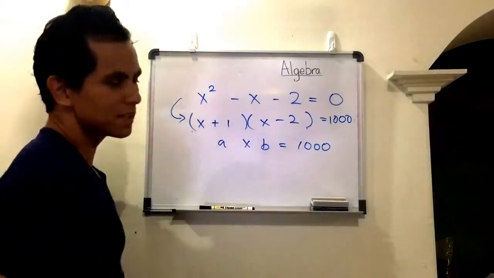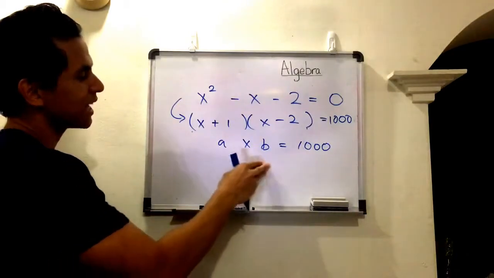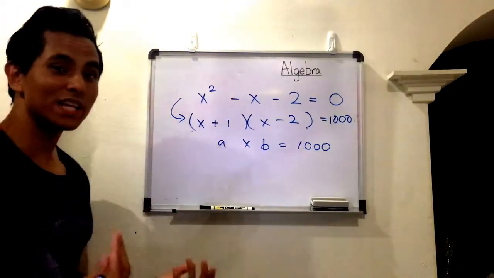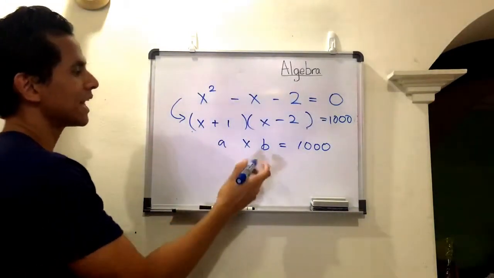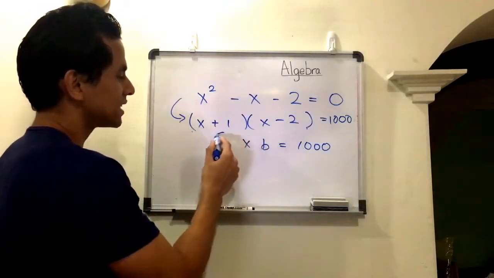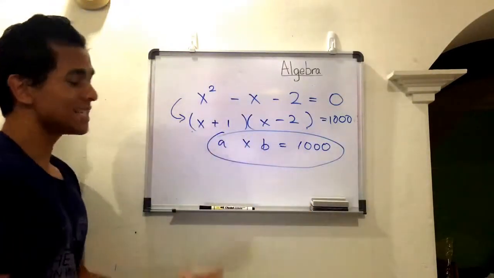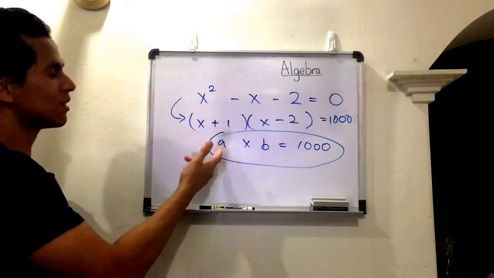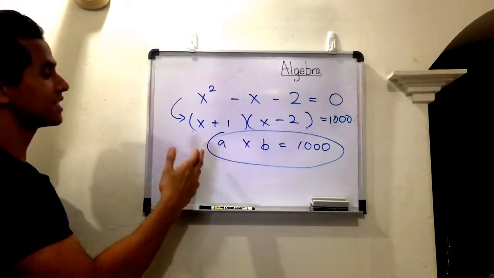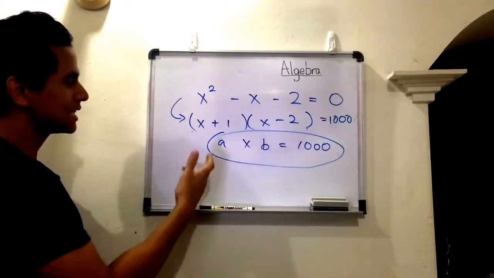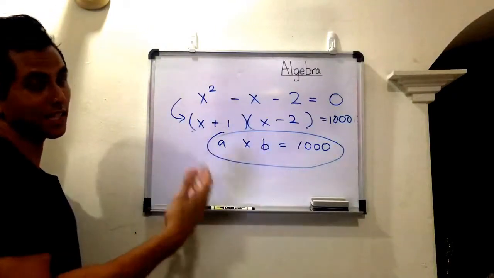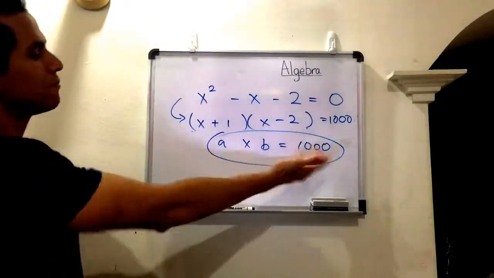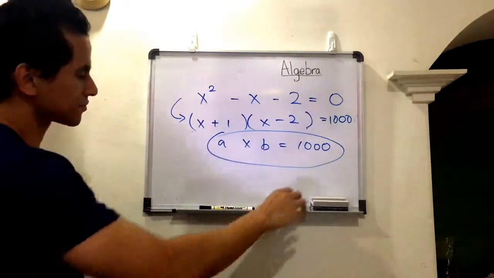Now, in this example, A can be anything and B can be anything. There are infinite possibilities of what A and B can be, such that this equation is true. This can be 1, this can be 2000, this can be half, this can be 500, this can be 2, etcetera, and all of them make this equation true.